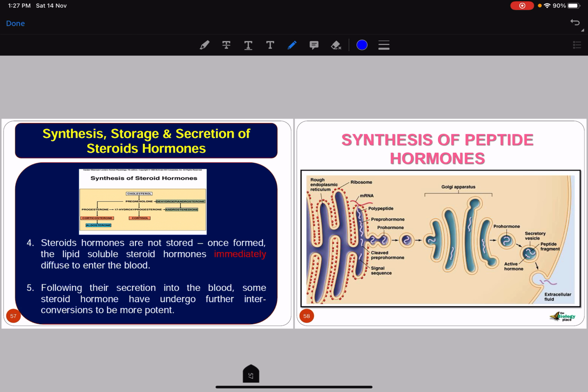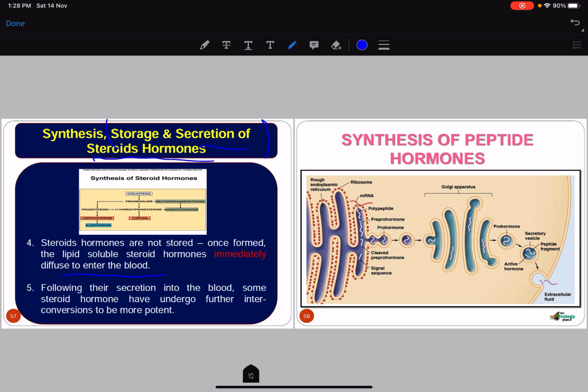In terms of storage and circulation of steroid hormone, after being synthesized, steroid hormones are not stored but are used immediately. They immediately diffuse into the blood and travel to the target cell.